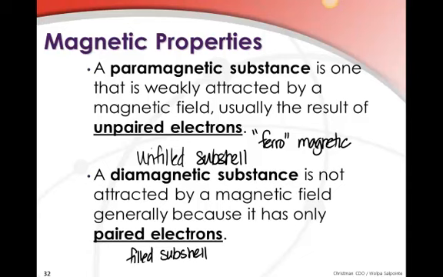The noble gases are diamagnetic because all of their electrons are paired. And like the transition metals, zinc and cadmium and mercury would be diamagnetic. Those are the only ones. If they have any unpaired electrons at all, they're called paramagnetic.